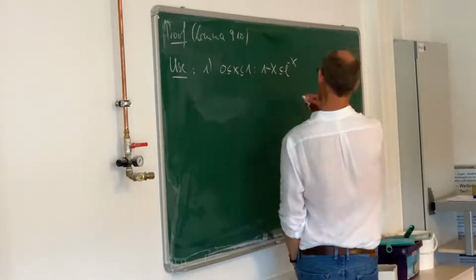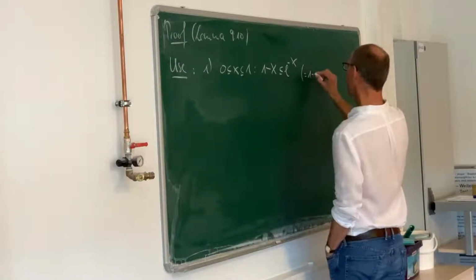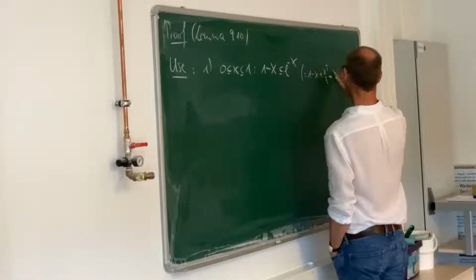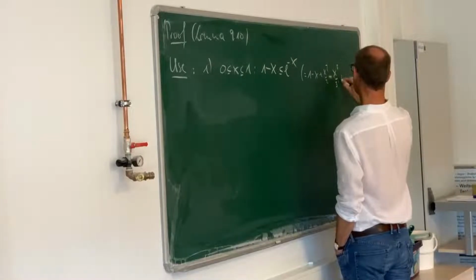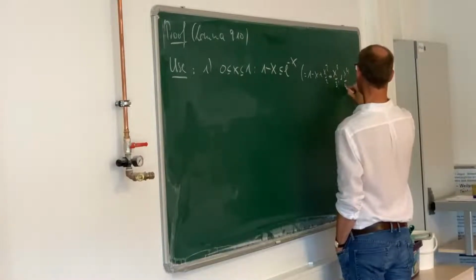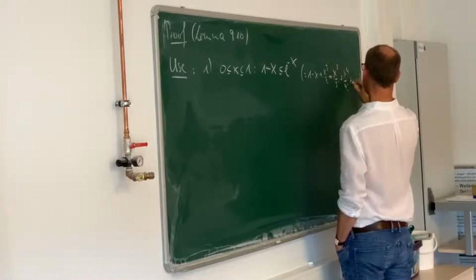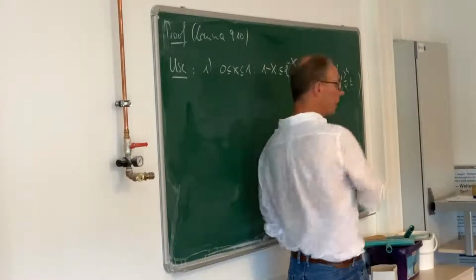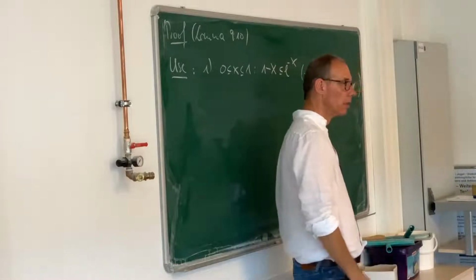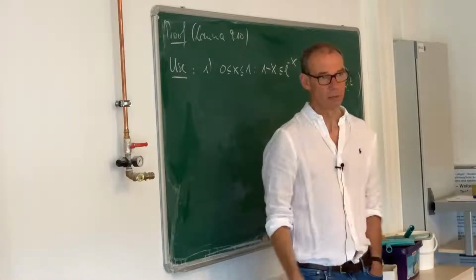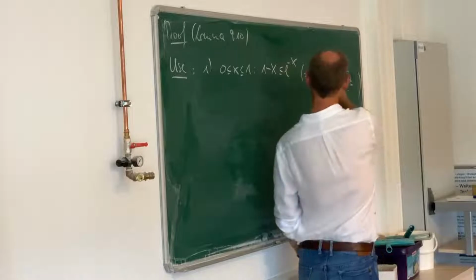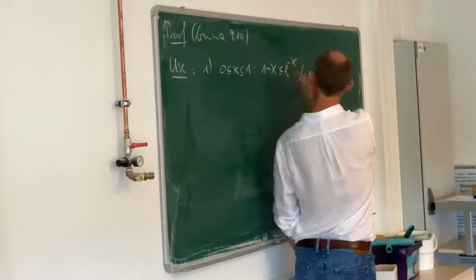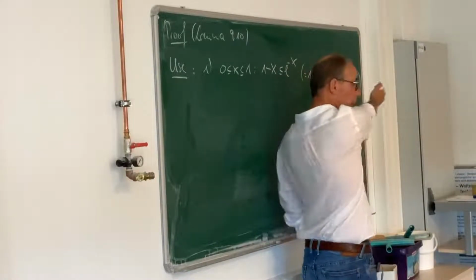The reason is, why is this here? Because this is 1 minus x plus x squared divided by 2 minus x cubed divided by 3 factorial plus x to the 4 divided by 4 factorial, and so on. Right? And this is an alternating sum. It converges absolutely. So when I go from here to here, I drop everything beyond that.